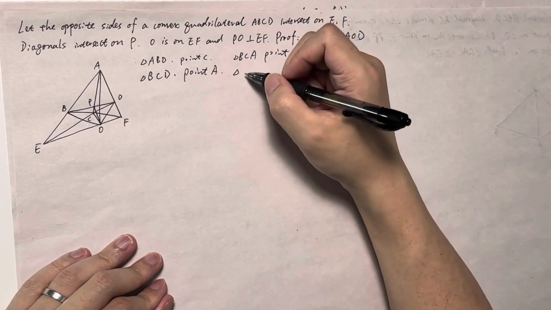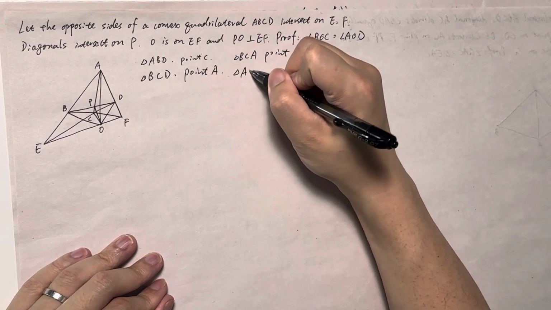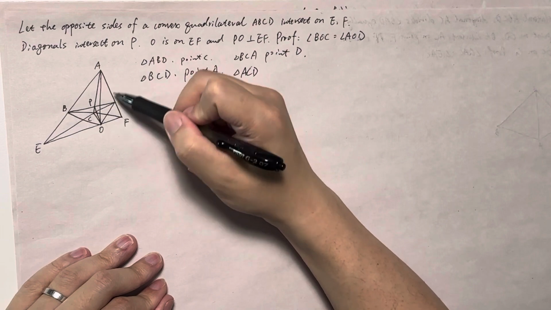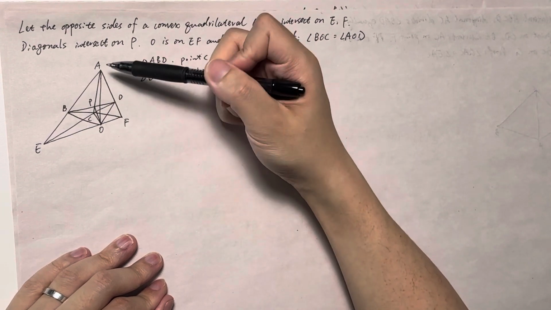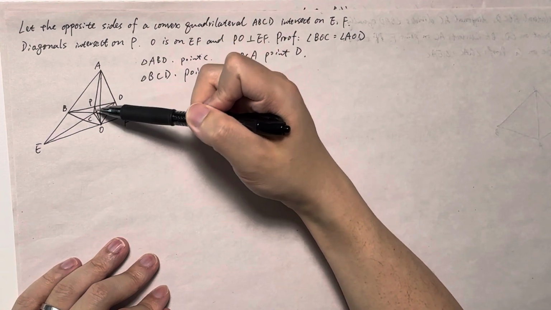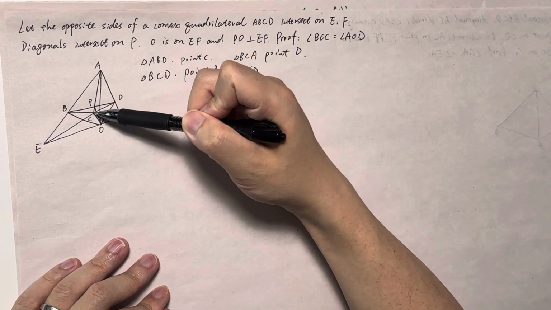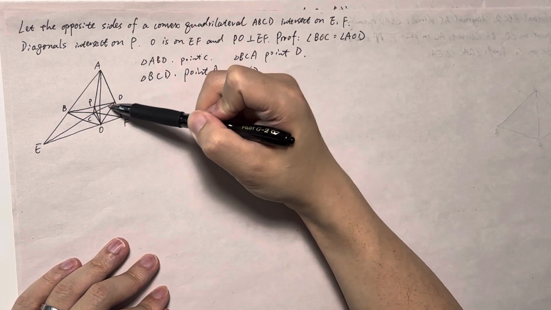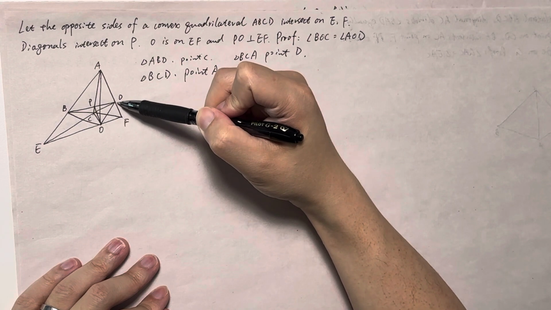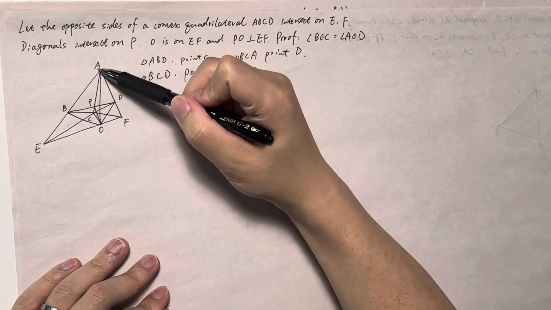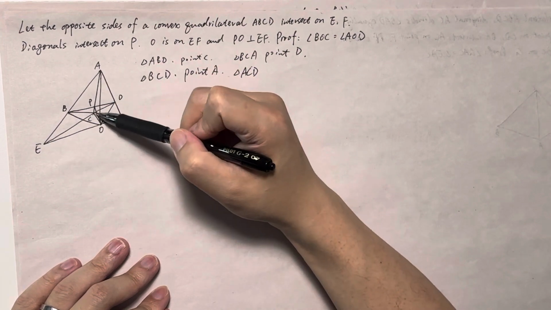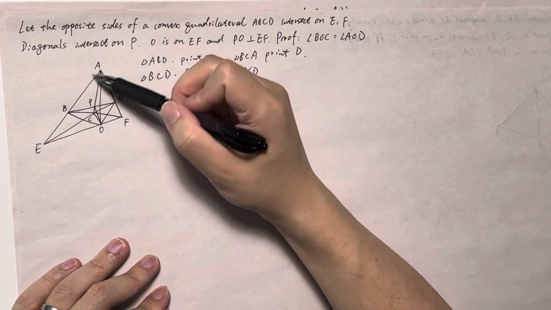Similarly, if we check the triangle ACD, from point A we draw a line that intersects CD, that's the AE line.